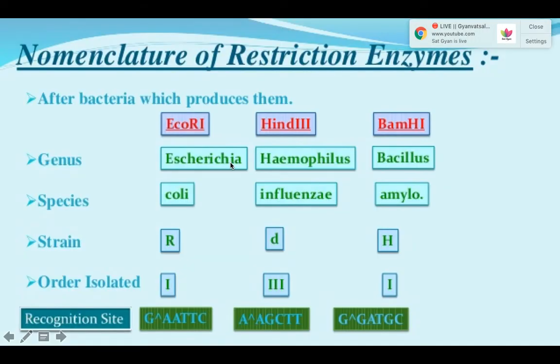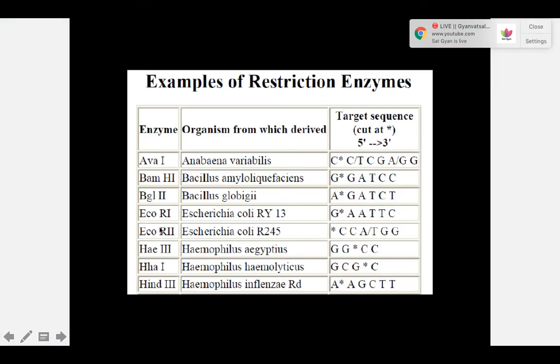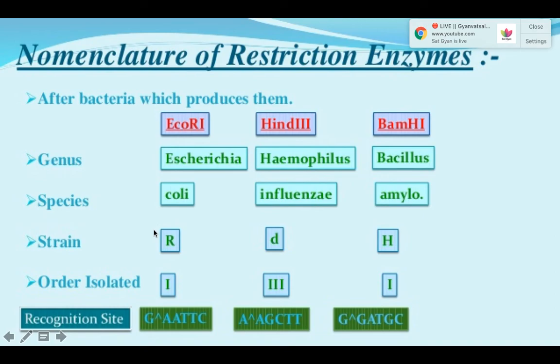Now one more question is going to arise: sir, why have these different names been given, such as EcoRI, EcoRIII? The answer is that there is a particular nomenclature system available for these enzymes.